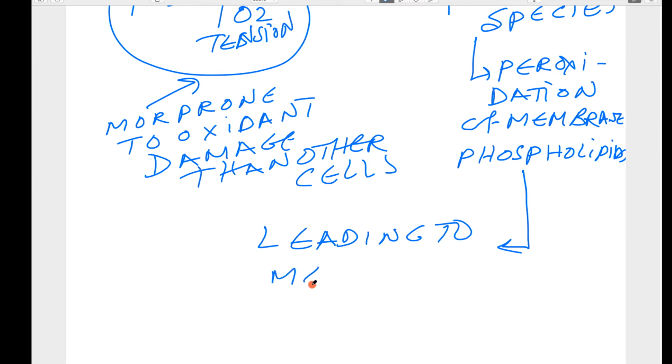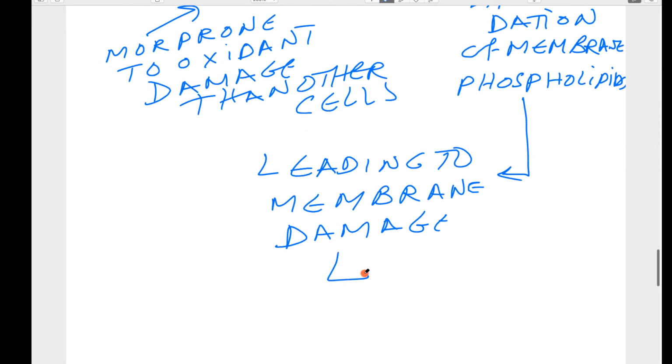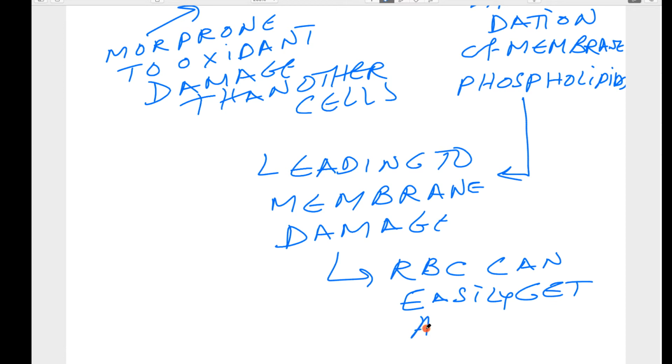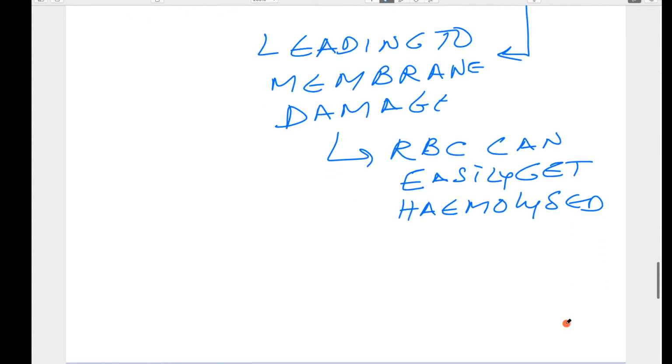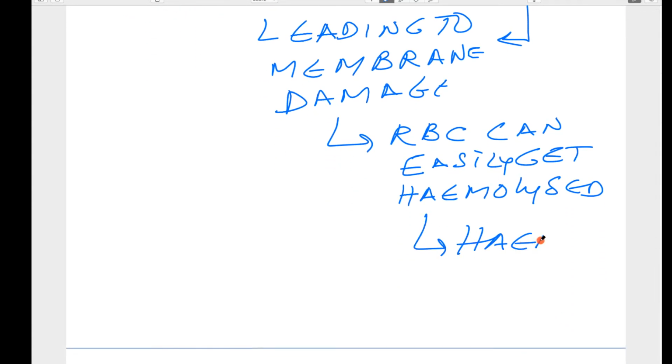Once the membrane damage takes place, RBC can easily get hemolyzed. So it leads to hemolysis.